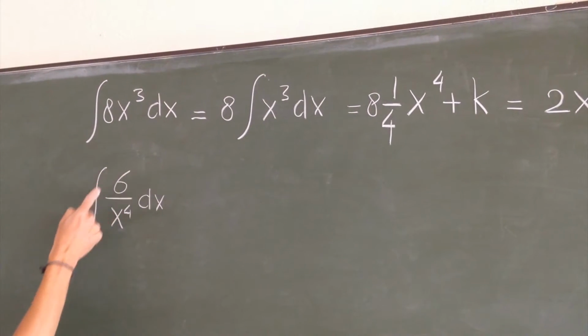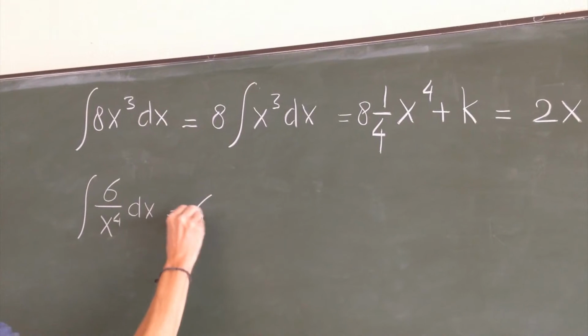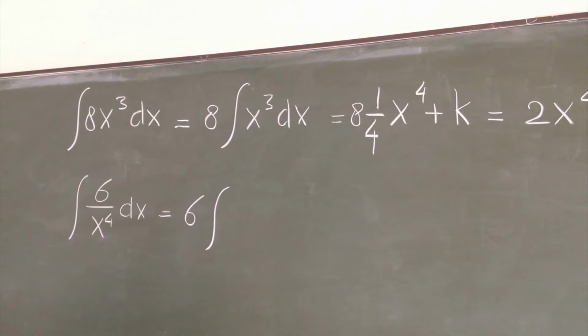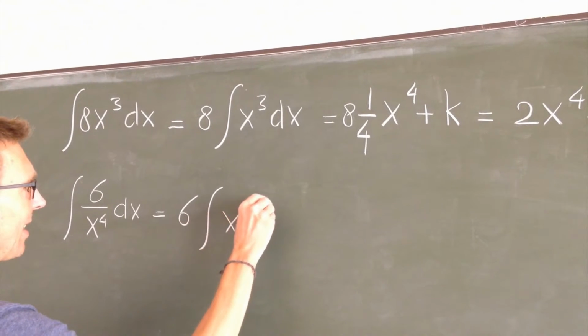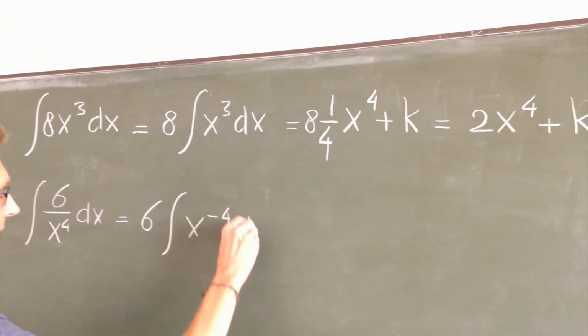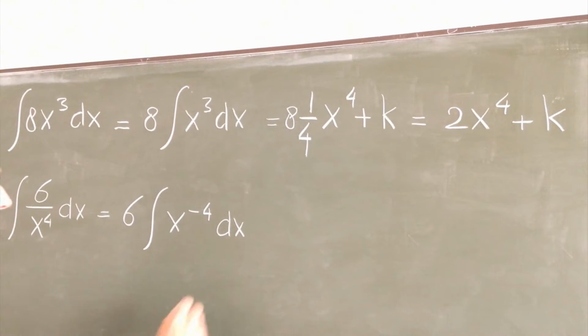Okay, another example. Here you want to determine the primitive of 6 divided by x to the power 4. You can bring the 6 in front of the integral sign and write 1/x to the power 4 as x to the power minus 4 in order to be able to apply that important main rule.